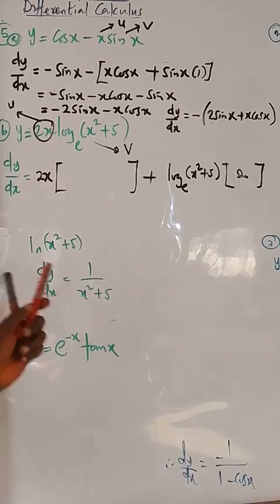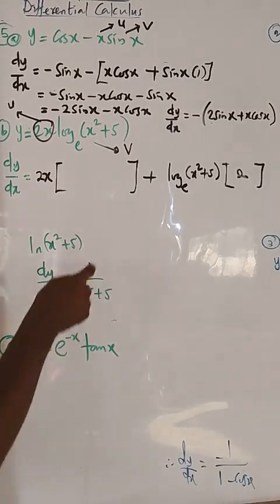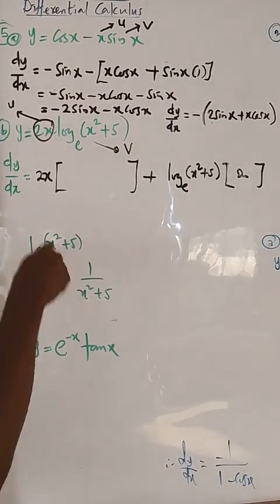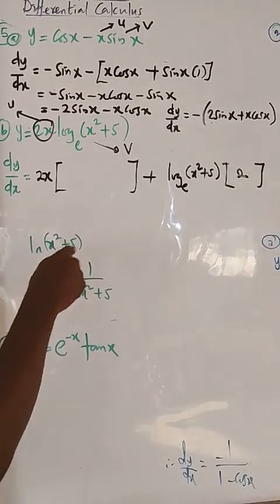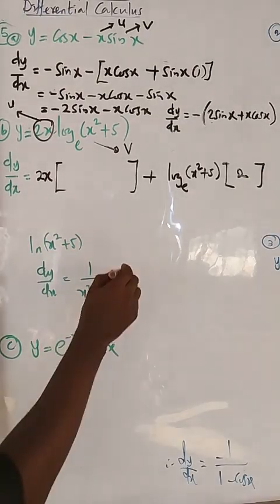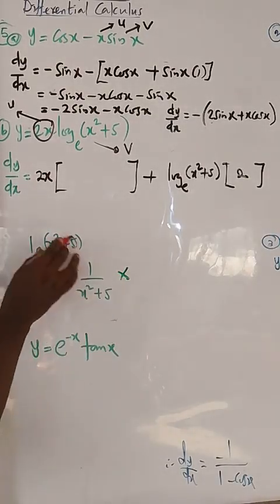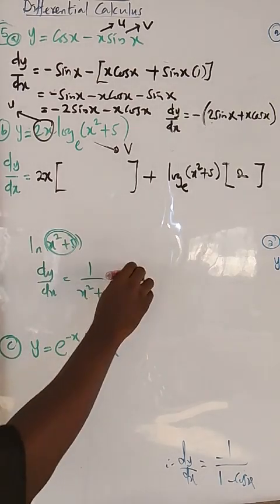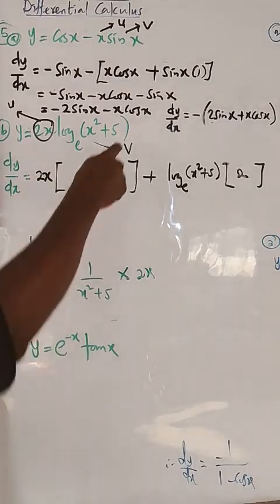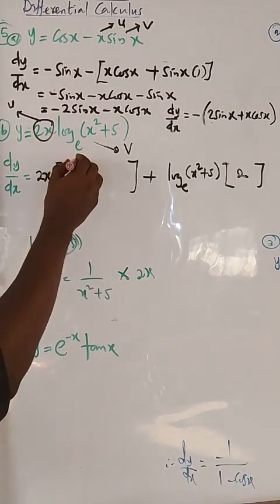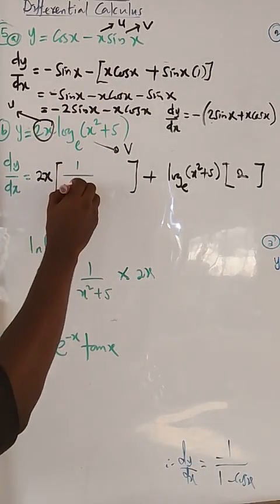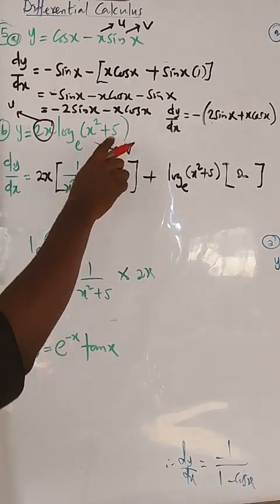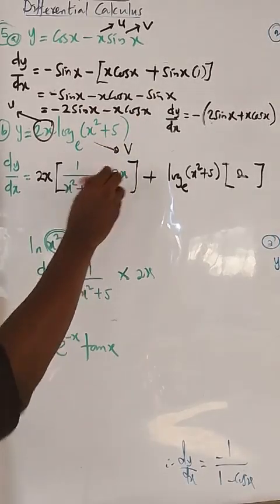So anytime you have a function of a function, which is chain rule, after you differentiate the whole, assuming this is just a single parameter like x, you then multiply your answer by the differential of the inside. If you differentiate x squared plus 5, the answer is 2x. So differentiate the whole, which is 1 over x squared plus 5, times differentiate the inside, 2x.